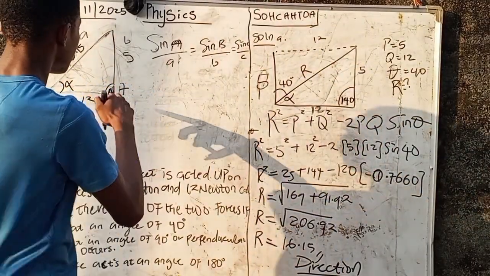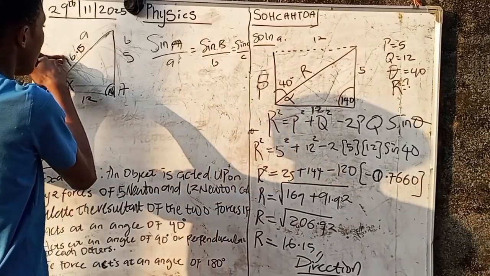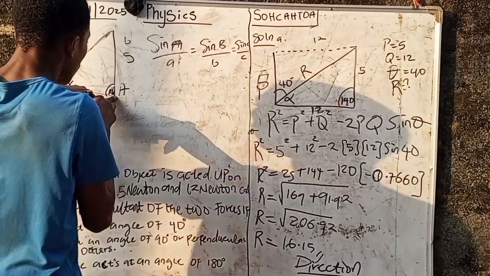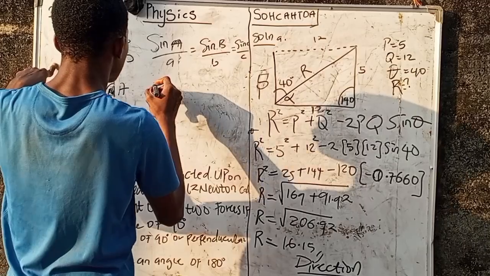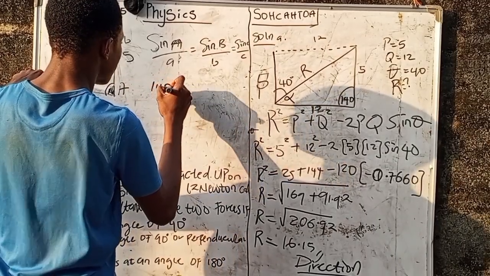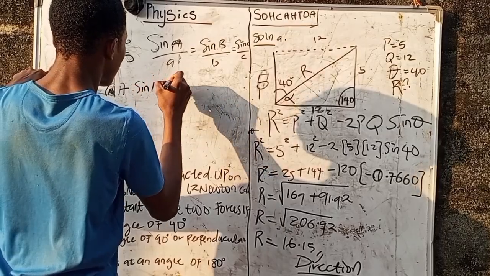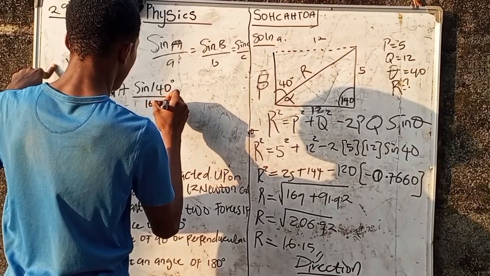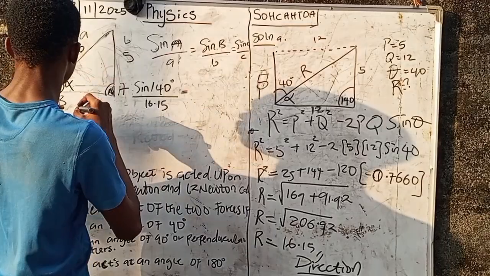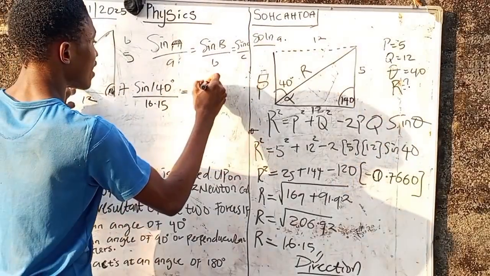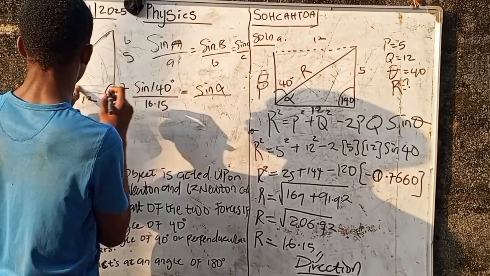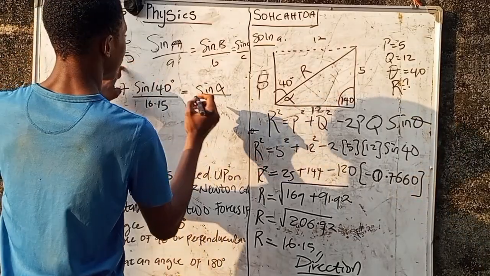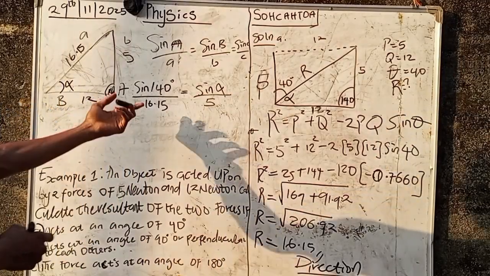This is the opposite to this hypotenuse. The longest side in a triangle is the hypotenuse. We have sine 140 degrees all over 16.15 equals sine alpha all over 5.